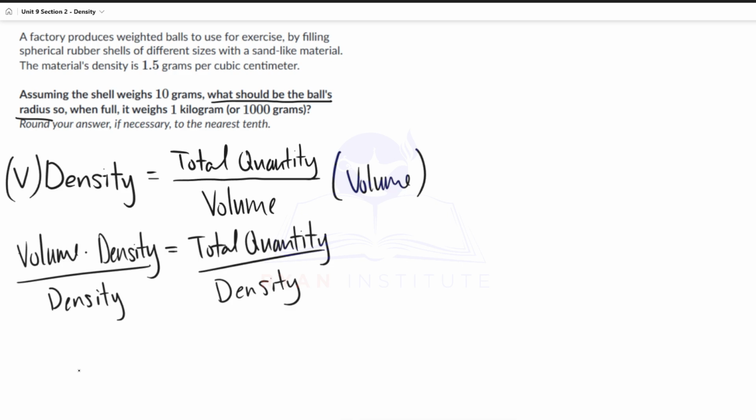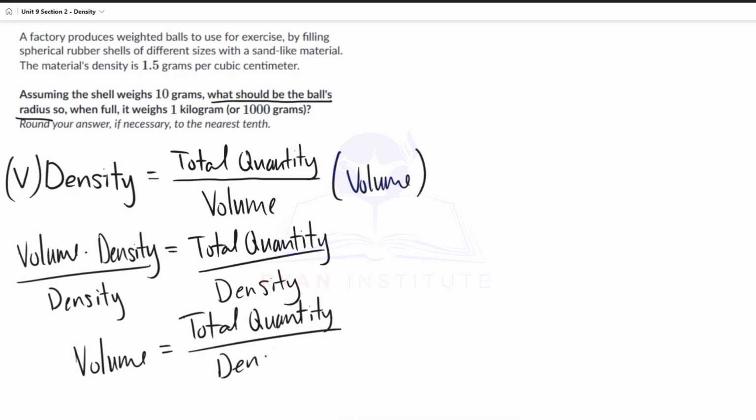So volume is equal to total quantity over density. So now that we have that, we are going to plug in the numbers, or what we know.